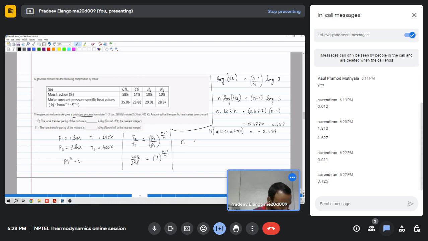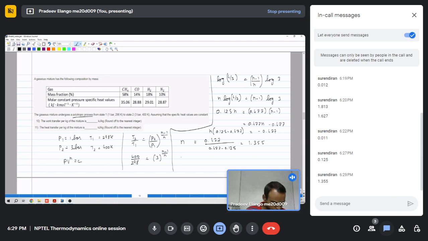So n is 0.477 divided by 0.352. Calculate this. Yes, 1.35. So this is the value of n.